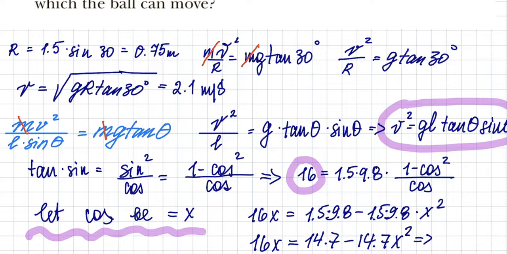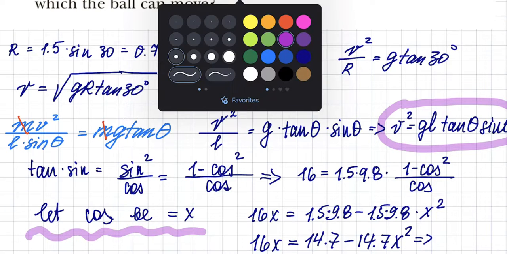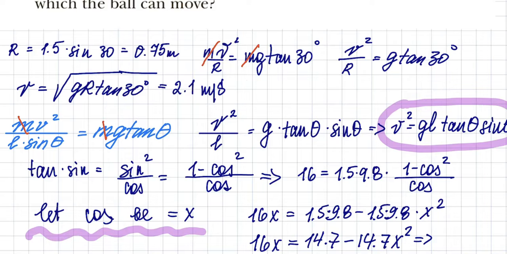So 16. What I do first with this whole enchilada here, I multiply basically everything by cosine, and replace cosine with x. So 16 times x.